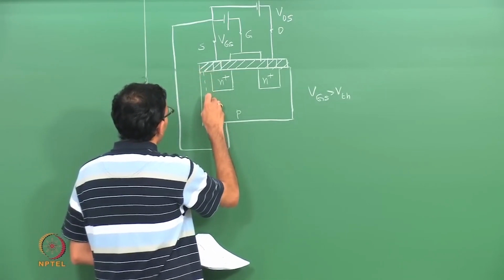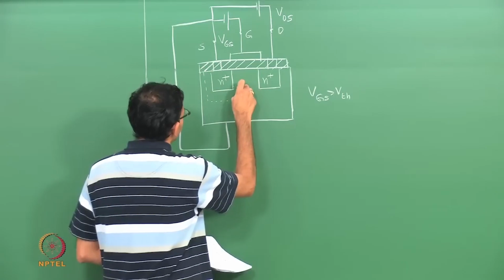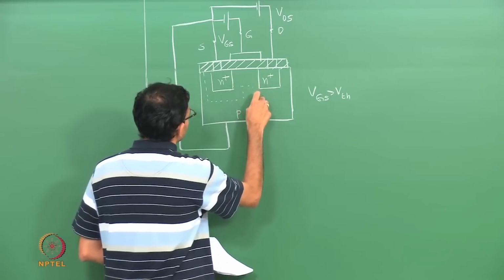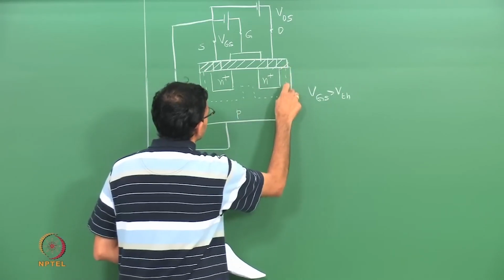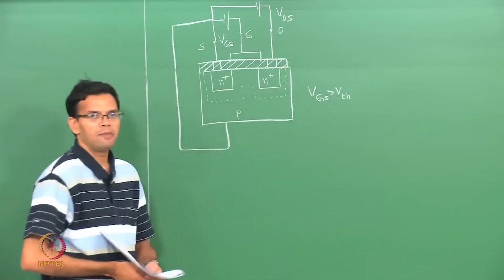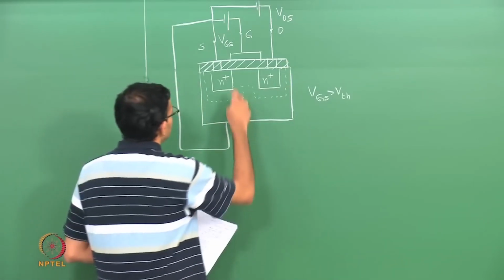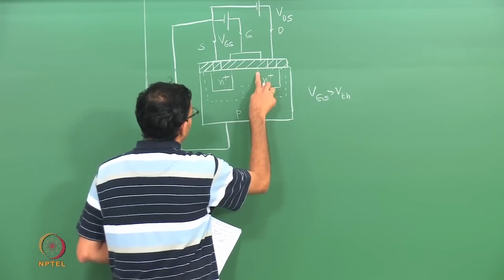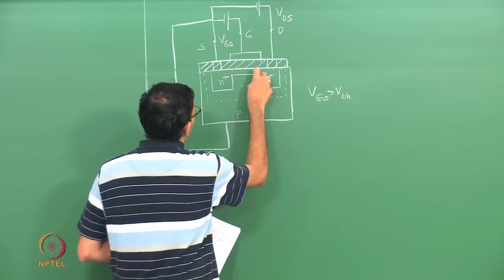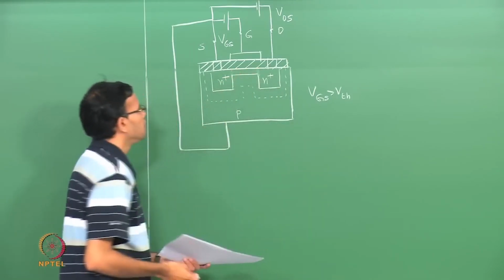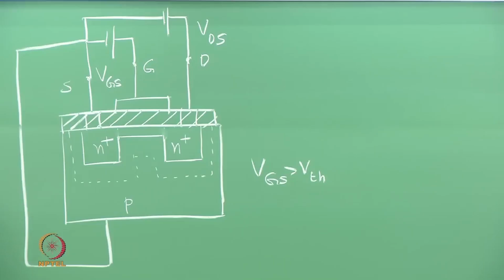Once again I have a depletion region between the two p-n junctions, but now I am at a higher potential, so that I have an N channel that forms between the two N plus regions.